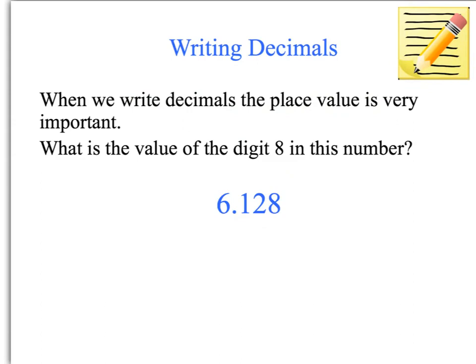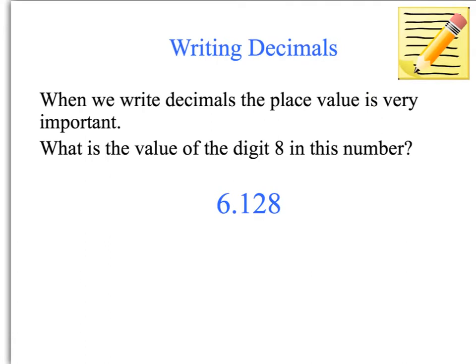Alright, so as I said, place value is extremely important when we are working with decimals, and you'll need to do some activities in your textbook to show me that you understand this. So let's start by looking at this. What is the value of the digit 8 in this number? We can look at the 8 and it's the third place away from the decimal place.